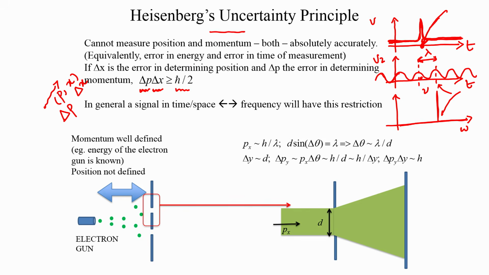Or in other words, if I were to define the position of the electron to infinite accuracy, such that delta x is 0, then I will have a very large inaccuracy in the error in the momentum. I cannot define the error in the momentum at all. There will be an infinite error possibility, and vice versa.